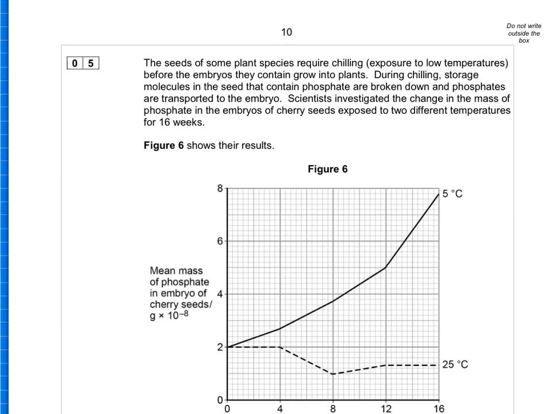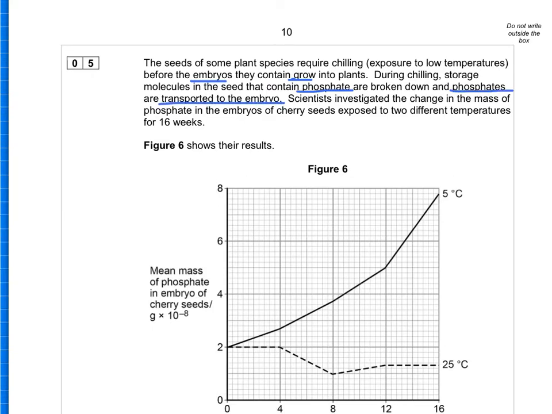Question 5, and there is a lot of information again in this question, so you need to read it carefully. It tells you that seeds of some plant species require chilling before the embryos they contain can grow, so they've got to chill them before they'll grow. During chilling, storage molecules in the seed that contain phosphate are broken down, and phosphates are then transported to the embryo.